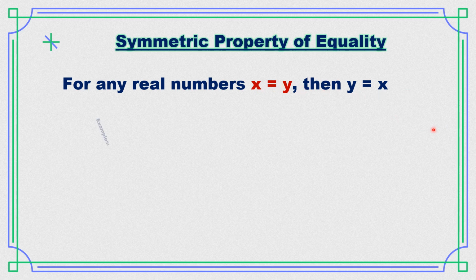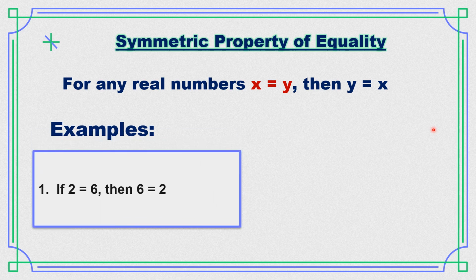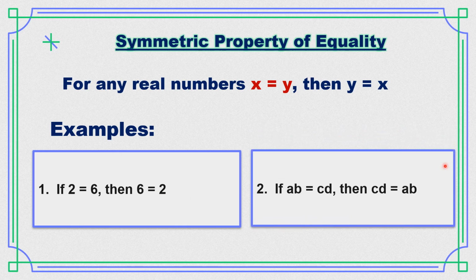So, for example, number 1, if 2 is equals to 6, then 6 is equals to 2. So, nagkaroon lang sila ng palitan ng pwesto. Okay, so number 2, if AB is equals to CD, then CD is equals to AB. So, yung AB napunta sa kanan, si CD napunta sa kaliwa. Okay po?